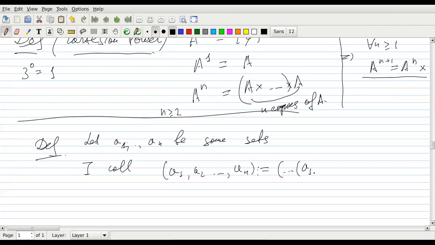So I'll introduce such a symbol, A1, A2, A3 and so on, AN.